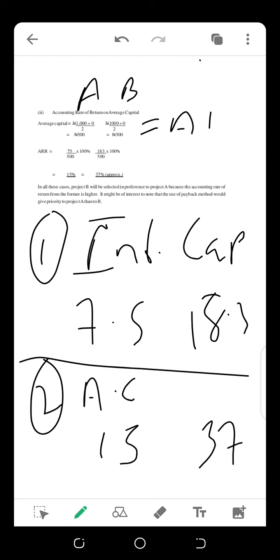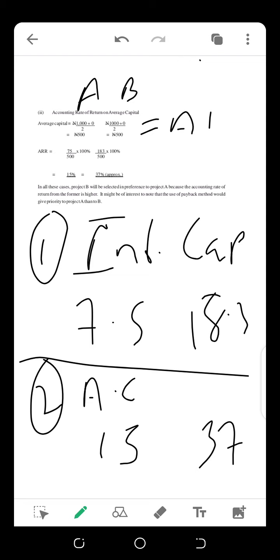say that project B should be embarked on, using initial capital. In any of the cases, if you are making a decision based on average capital, which of them has the highest percentage of return?